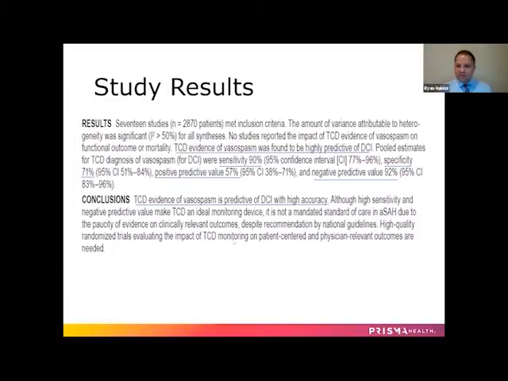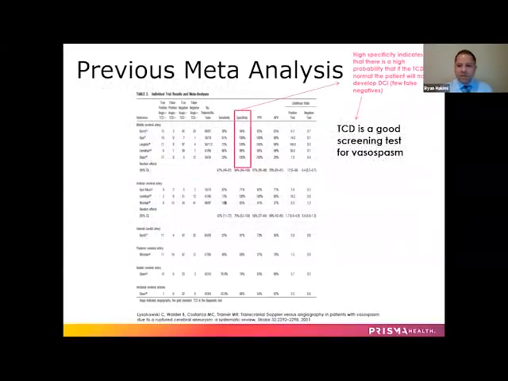However, a screening test should overcall cases such that it allows us to further investigate and make appropriate decisions. Here's an older meta-analysis from Liskowski and colleagues, published several years ago now, which shows very similar data.